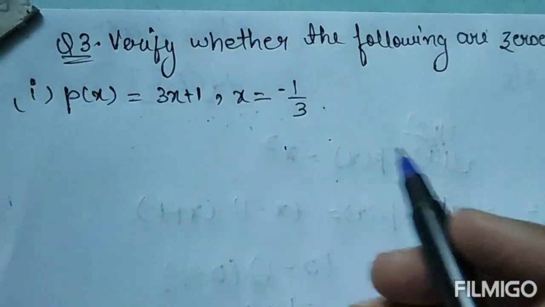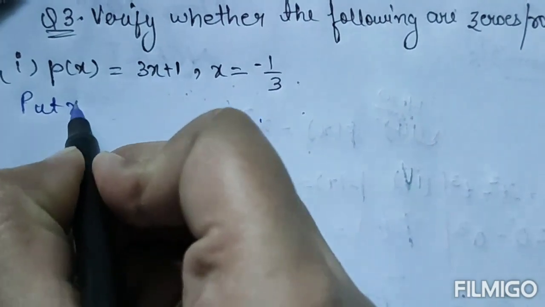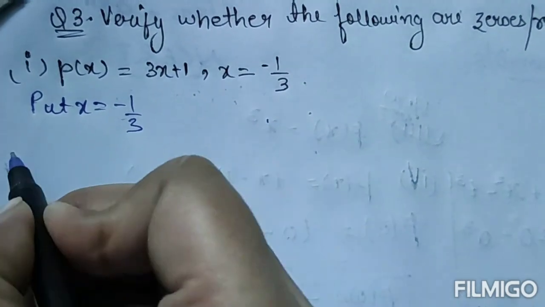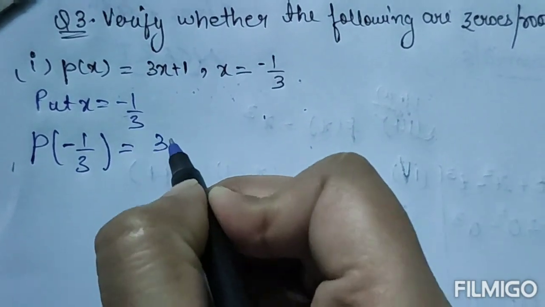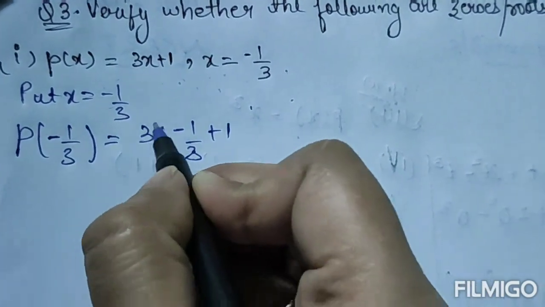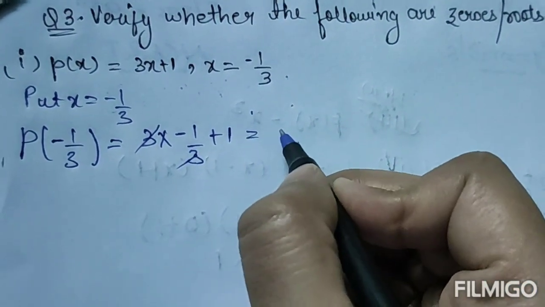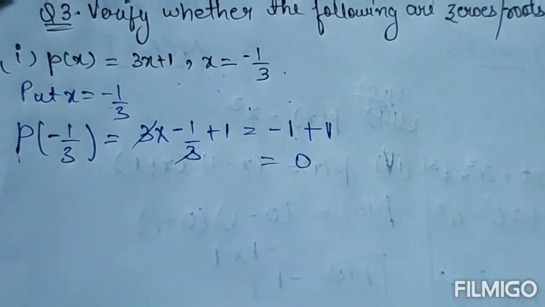So let's do it. Put x equal to minus 1 by 3. So p of minus 1 by 3 will be equal to 3 multiplied by minus 1 by 3 plus 1. 3 cancels out. It will become minus 1 plus 1, which is 0.